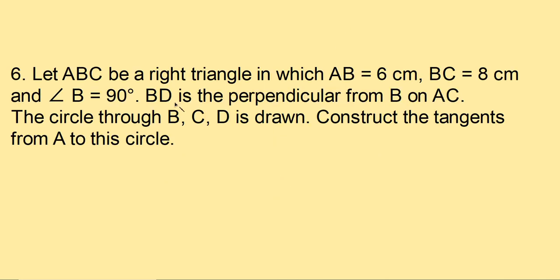Now you have to draw a perpendicular BD from B on AC. How do you draw a perpendicular from a point outside a line? Here you have a line segment and a point. From this point you have to draw a perpendicular to this line segment. How will you do it? First, with that point as center, draw an arc to intersect the line segment in 2 points.